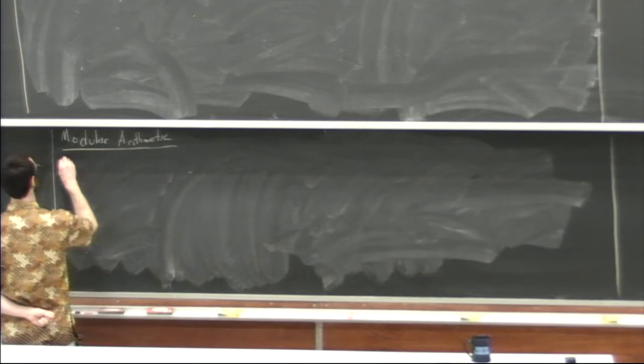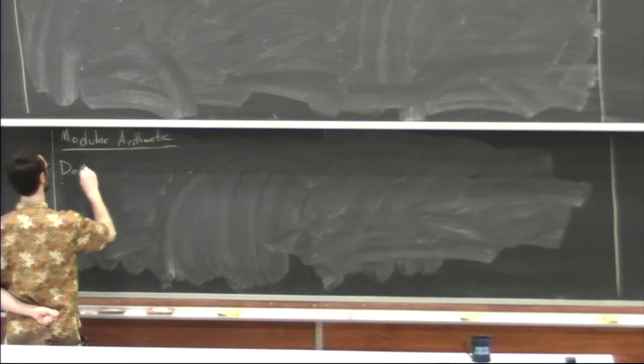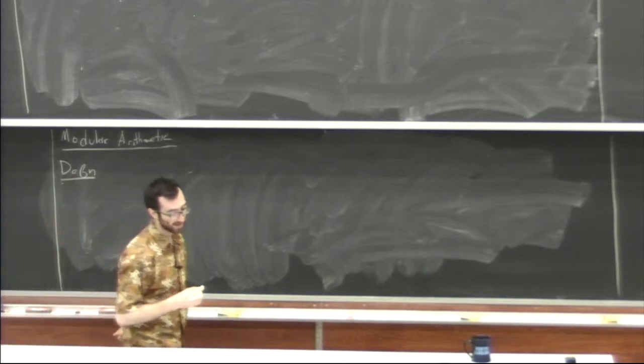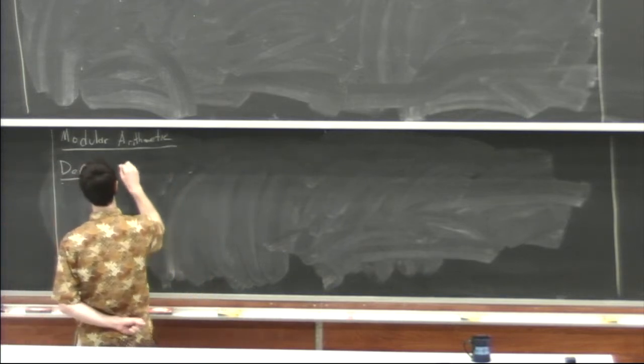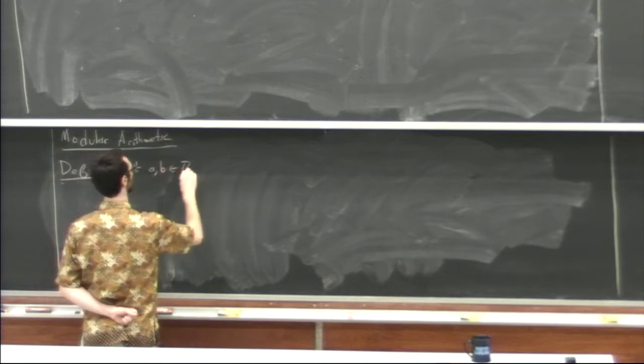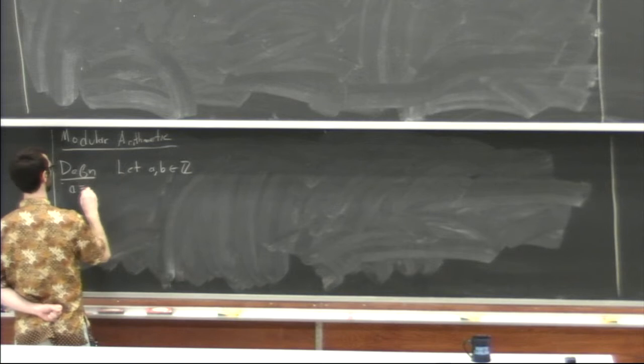So start with our definition. Let A and B be integers in Z, and let's take A not equal to 0.